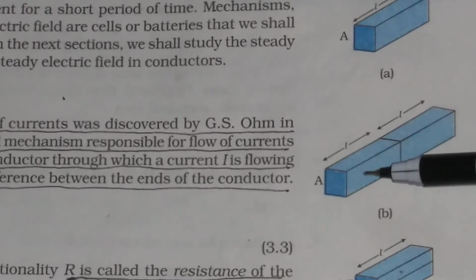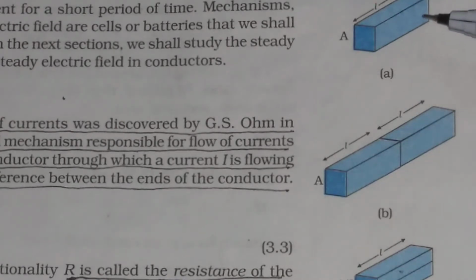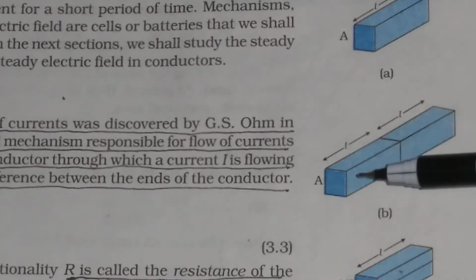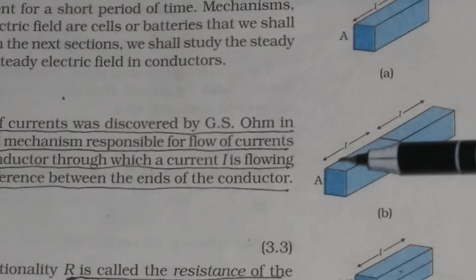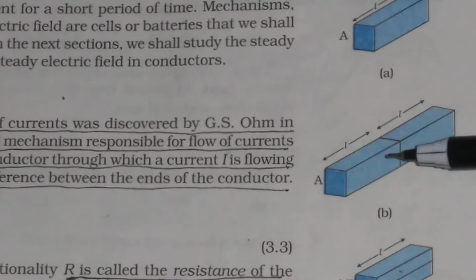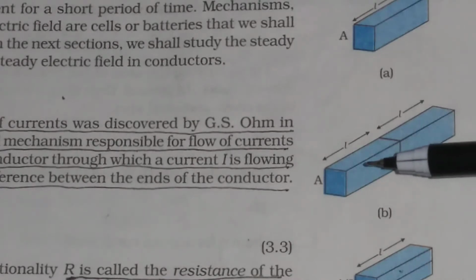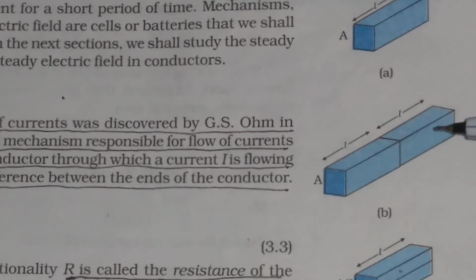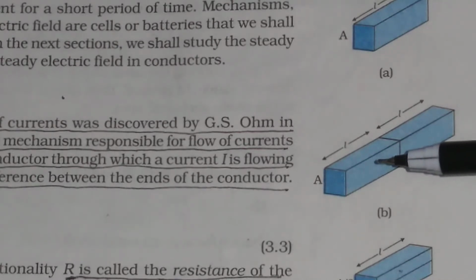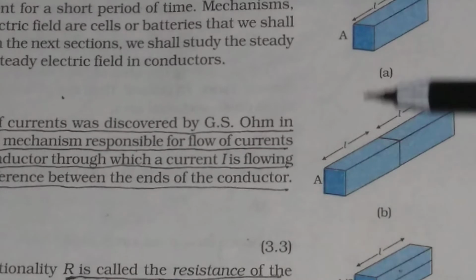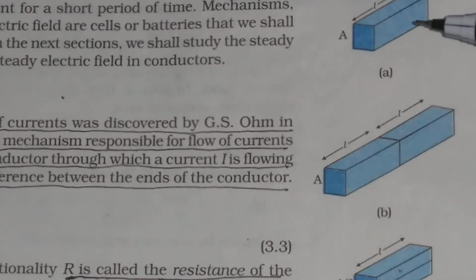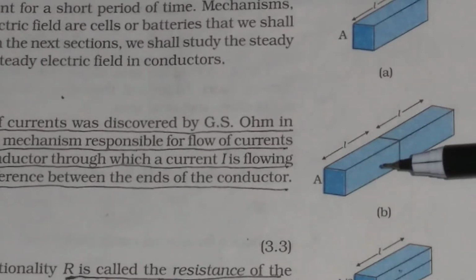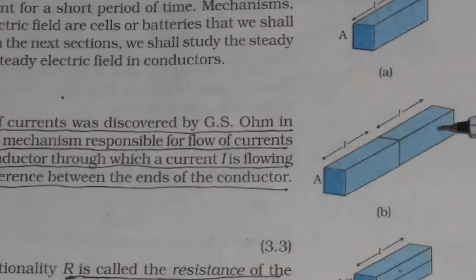Length of the combination will be, what is the length of the slab? We have taken L. So the length of this combination will be L plus L, equal to 2L. Current passing through this combination will be equal to I, and the applied potential is equal to V, but that potential is divided between these two slabs.